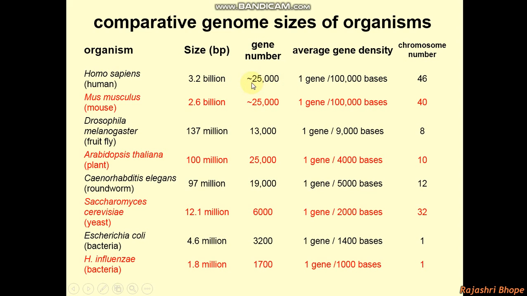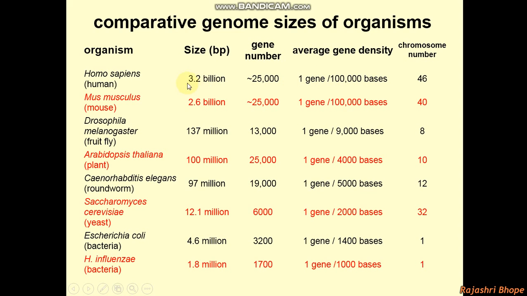Gene number present is approximately 25,000 genes. This is the density of genes: out of say 10 raised to 5 bases, or 1 lakh bases, only one gene is present.